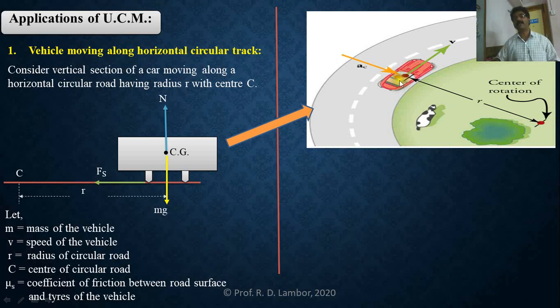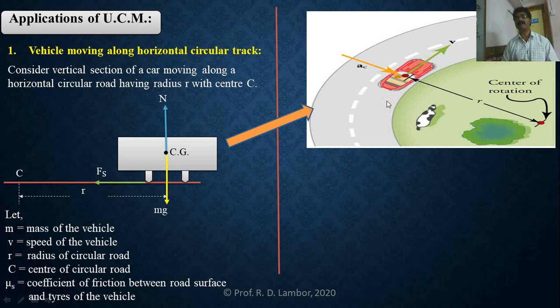That means for successful completion of the circular motion of this car, a centripetal force must act on this car, which is directed towards the center of this rotation. And this centripetal force in this horizontal circular track is provided by the frictional force which takes place between the tires of this car and the road surface.